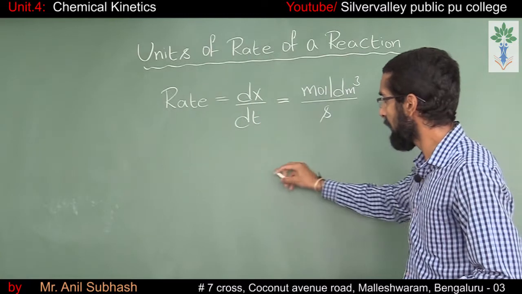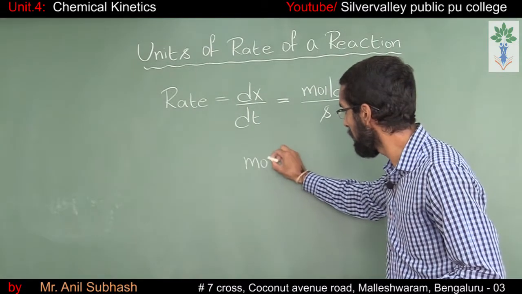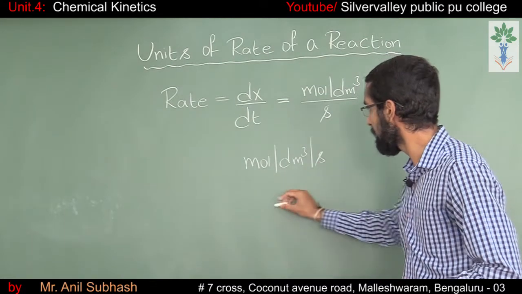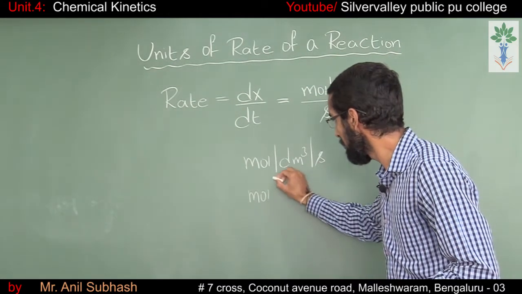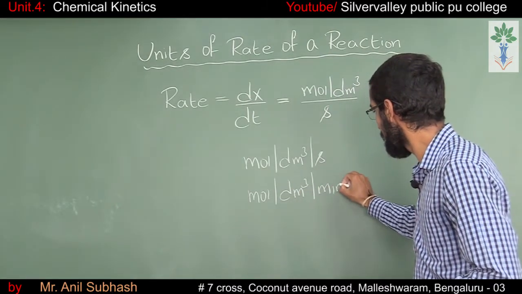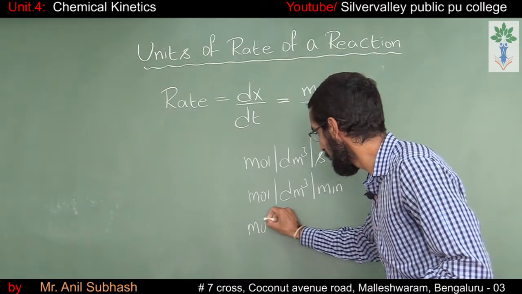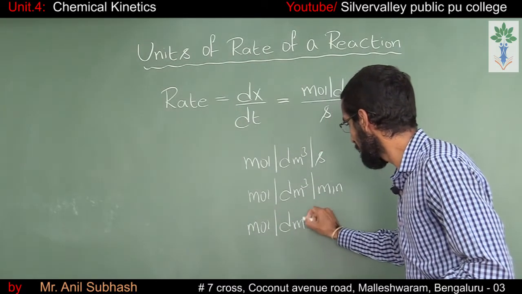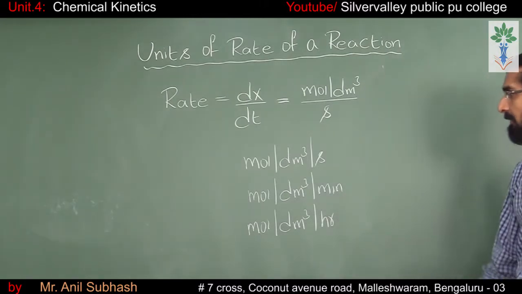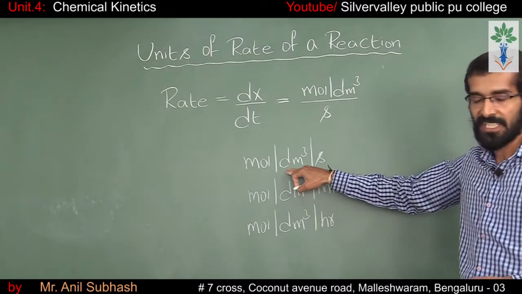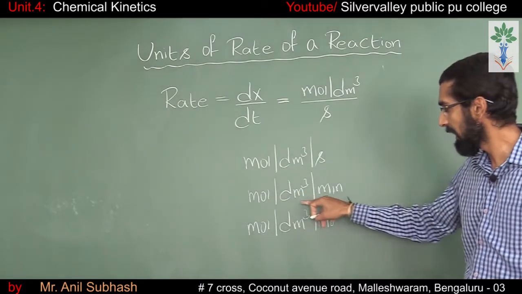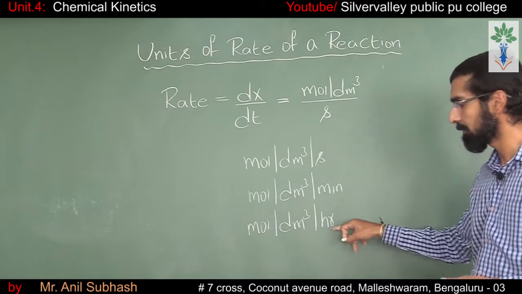So, the unit of rate will be mole per dm cube per second, or mole per dm cube per minute, or mole per dm cube per hour.